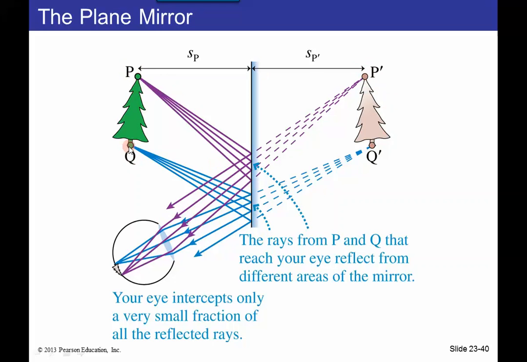The rays coming from Q look as if they were coming from Q prime, and that's the image you're going to get in your eye. So this distance here is the distance to the image, and this is the distance to the object, and this is basically how you see an image reflected in a mirror.